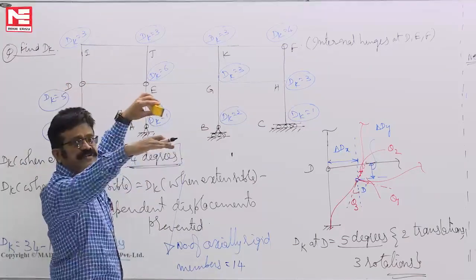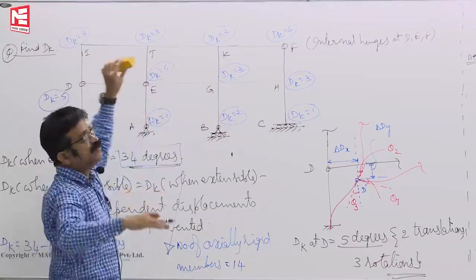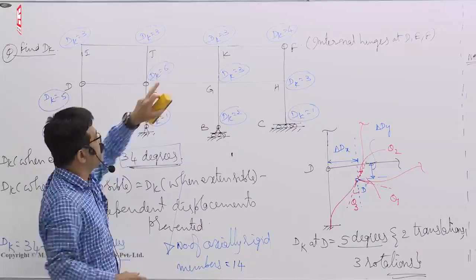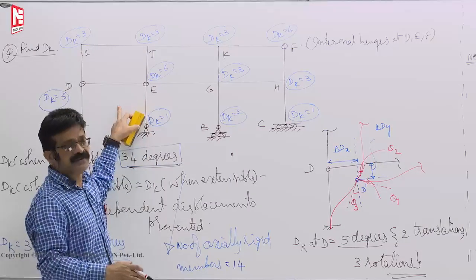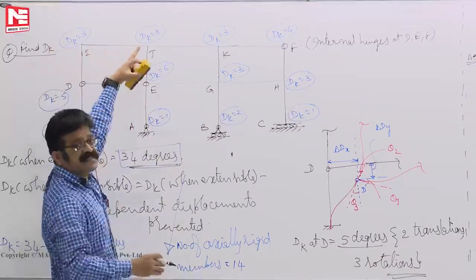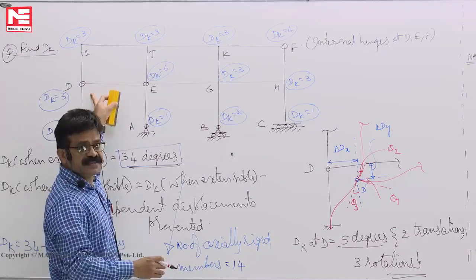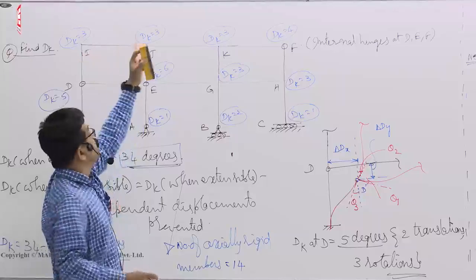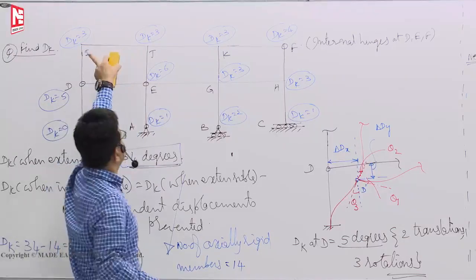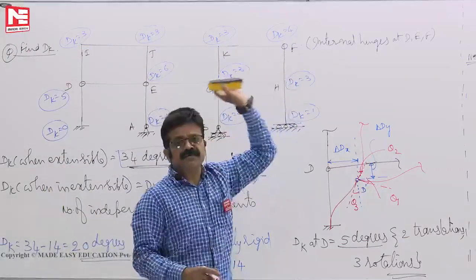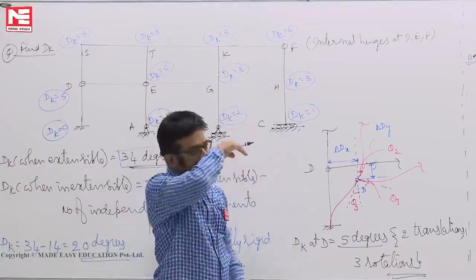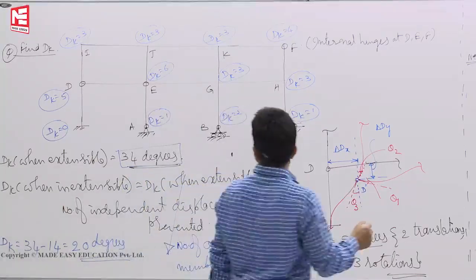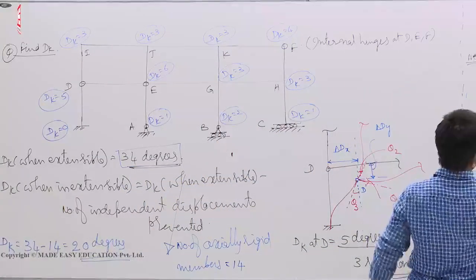One floor, one sway. Second floor, another sway, independent of the first floor sway. So delta Ix is independent of delta dx. If it moves by 2 mm, it can move by 5 mm also. But if it moves by 5 mm, at that floor level, all will move by 5 mm. Like that. Okay. So 6 horizontal displacements are known to us.